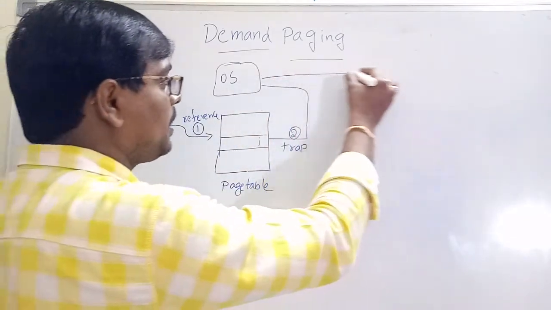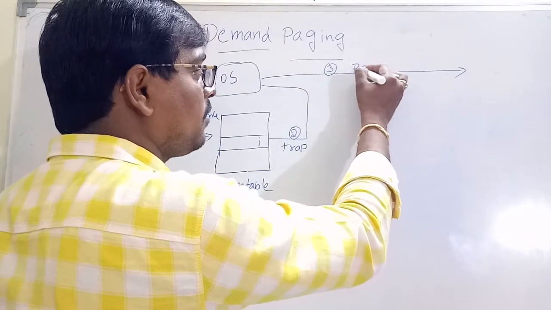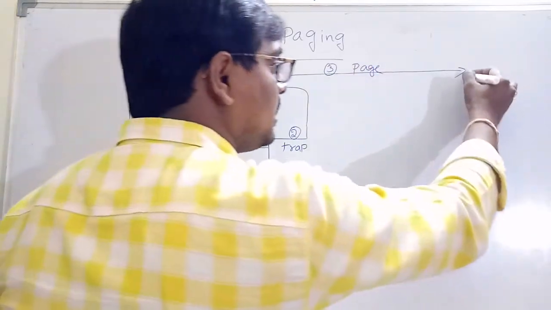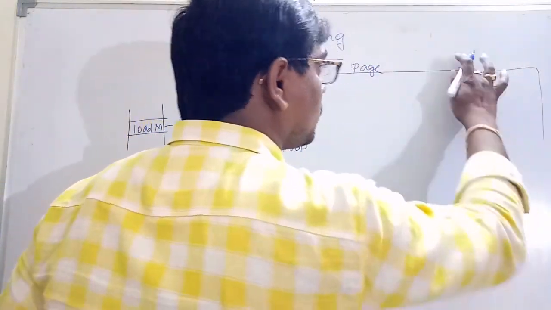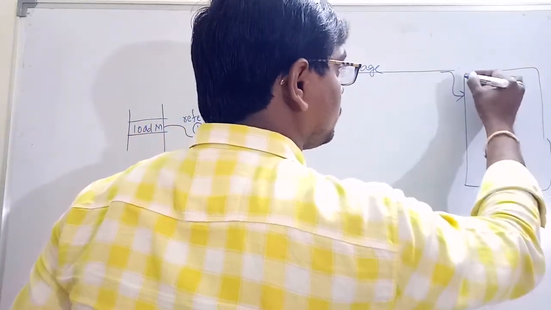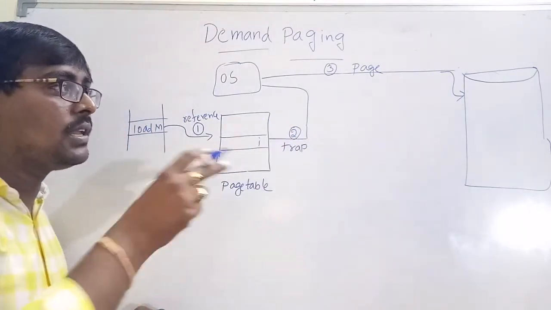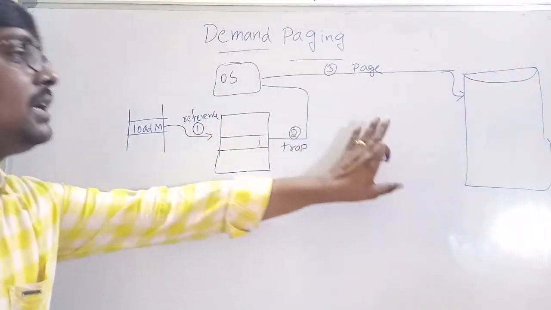Then what does the operating system do? The operating system checks the disk whether the required page is present or not.